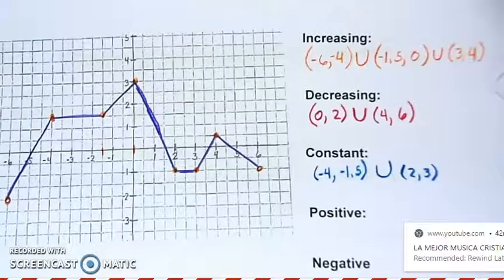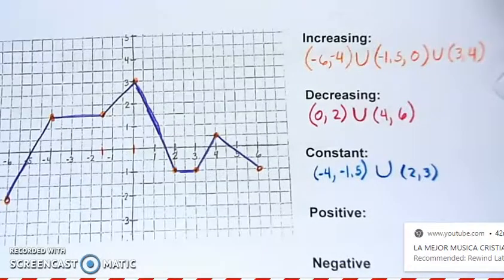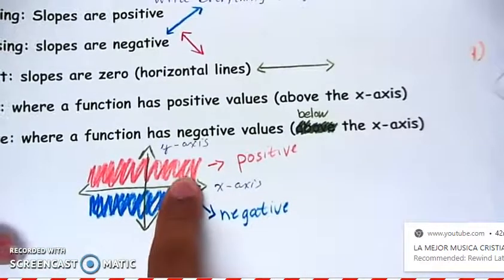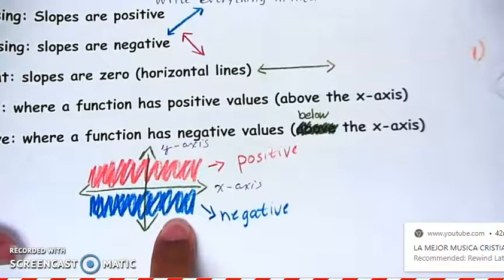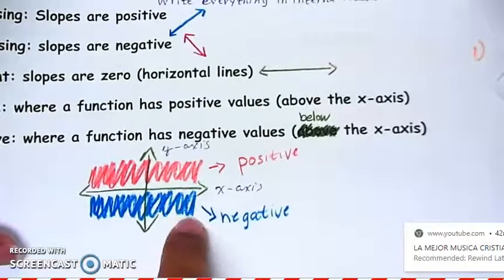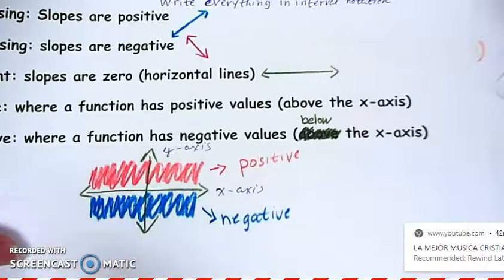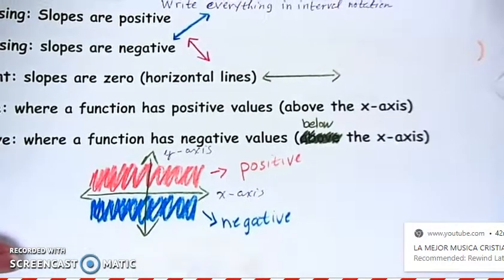All right, now from this point, we're actually going to talk about positive and negative. And again, as we talked about already, positive means above the x-axis, negative means below the x-axis. So anything that's above the x-axis is going to be a part of that positive interval. Anything that's below the x-axis will be part of that negative interval.